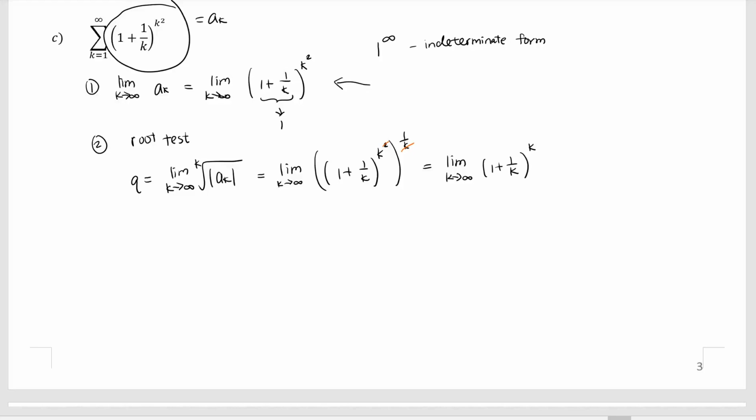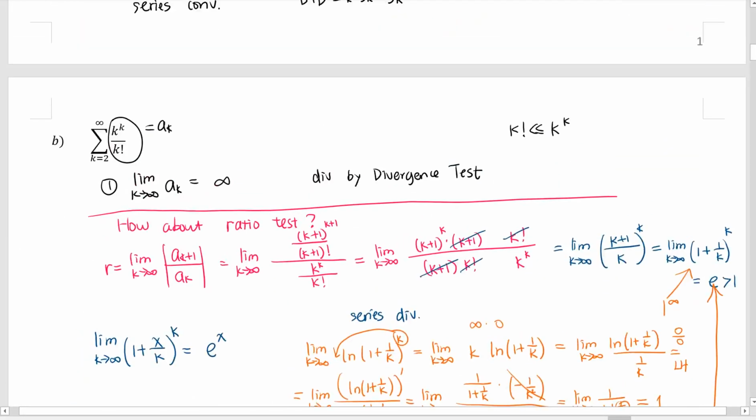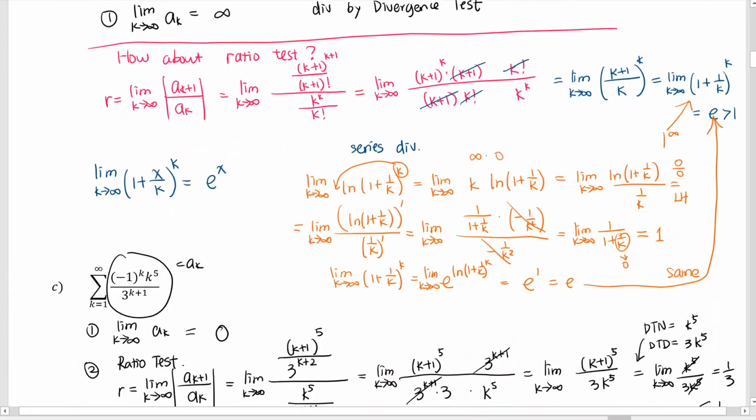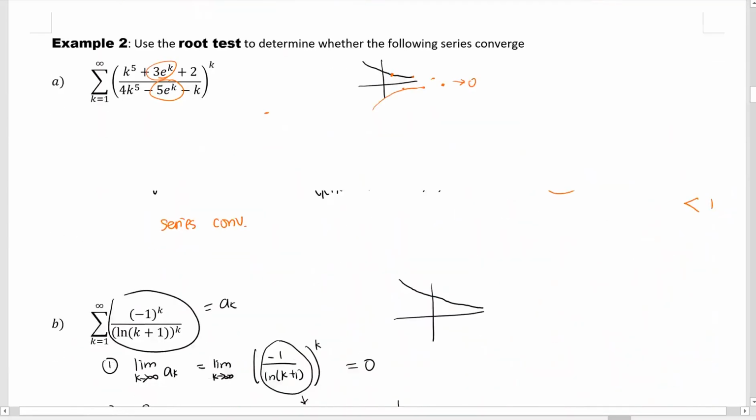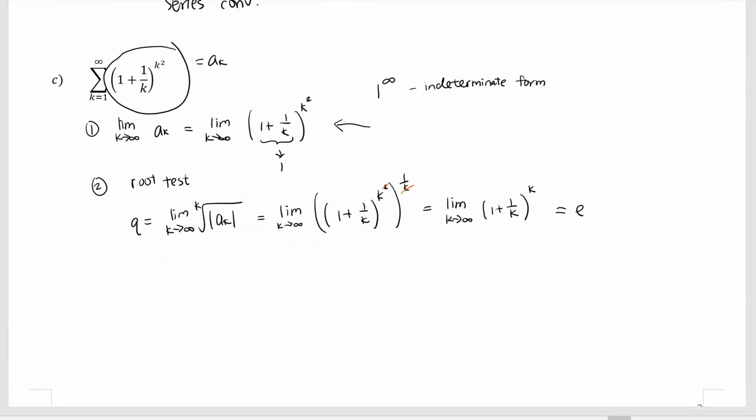Do you remember what this is? We just did this in the previous example. So the answer is e. And because e is greater than 1, the series diverges. So that is example 2, part C.